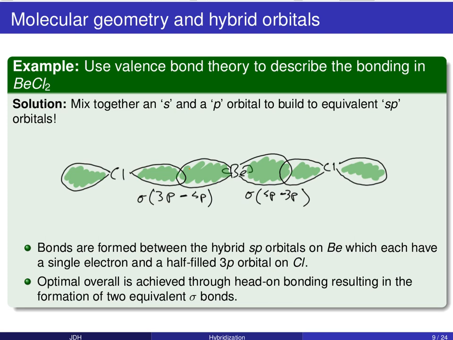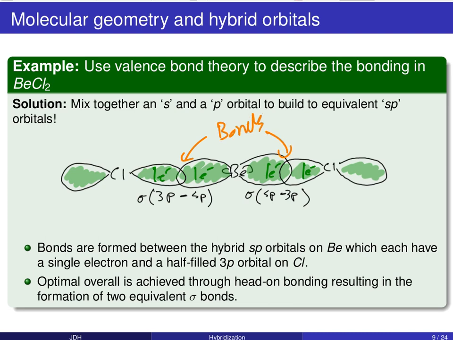That 7th valence electron associated with chlorine will be sitting in a half-filled orbital. We can draw it something like this. And the beryllium atom will have these two half-filled sp orbitals, right? So we can get this orbital overlap to form bonds.